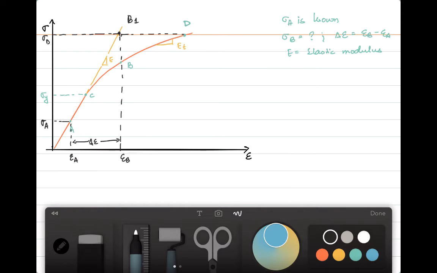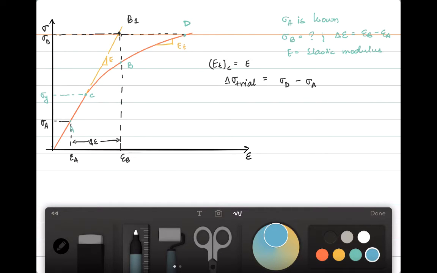Now in general, we can say that the tangent stiffness ET at the point C is the same as the elastic modulus E. So when this strain delta epsilon is applied, we end up with a certain delta sigma trial value, which can be written as sigma D minus sigma A.